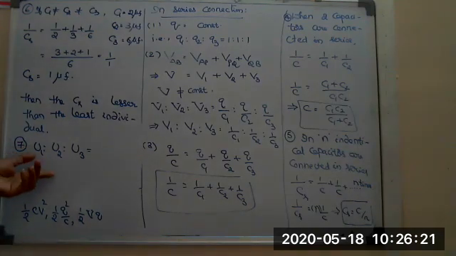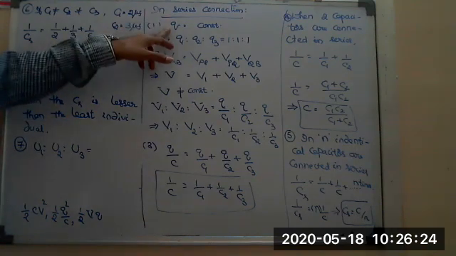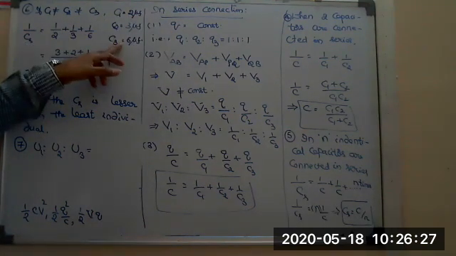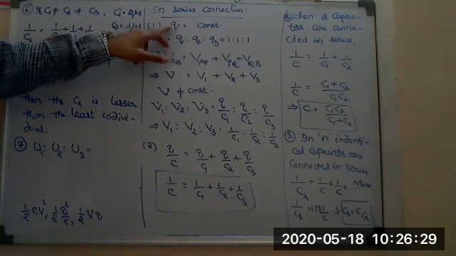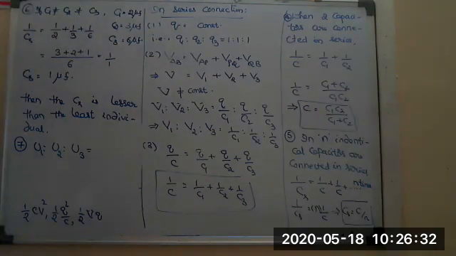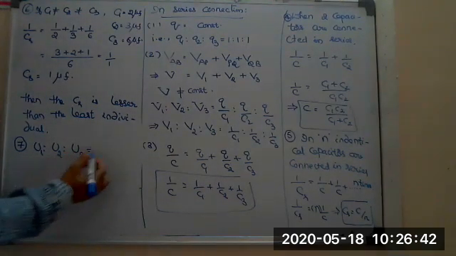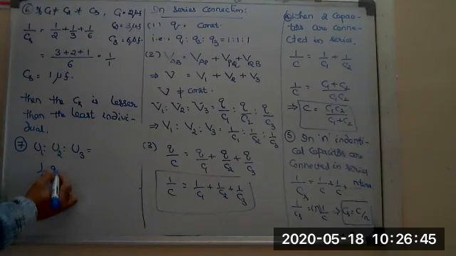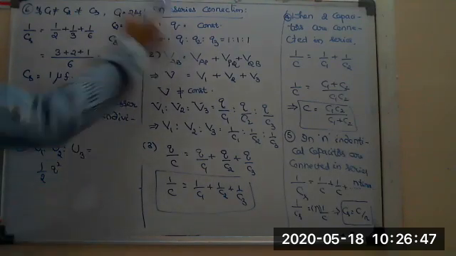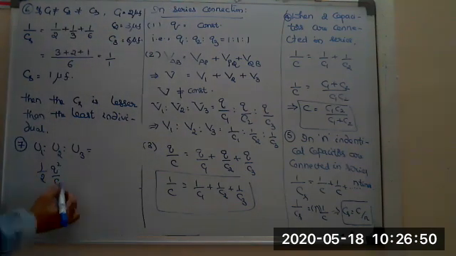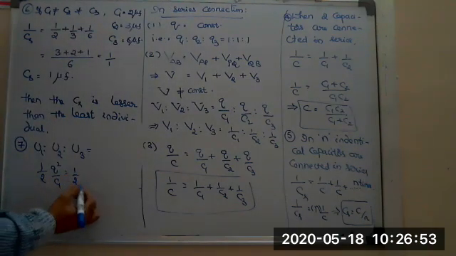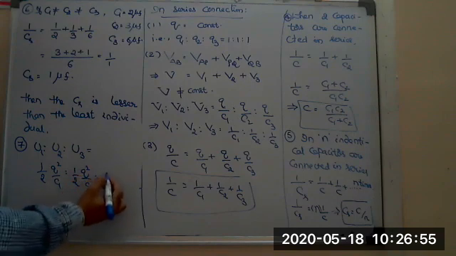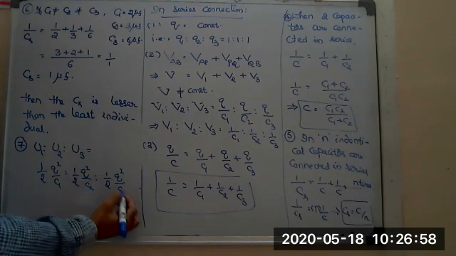Look here, this is series grouping. In series, Q is constant and we know the capacity values. So in terms of Q and C, I require the formula half Q square by C. If I use that formula, I will get half Q square by C1 is to half Q square by C2 is to half Q square by C3.